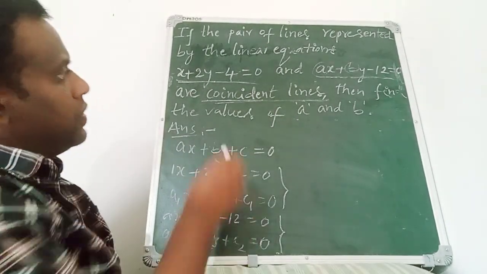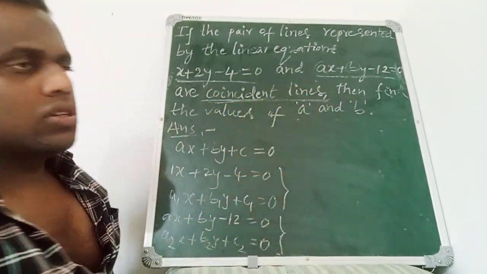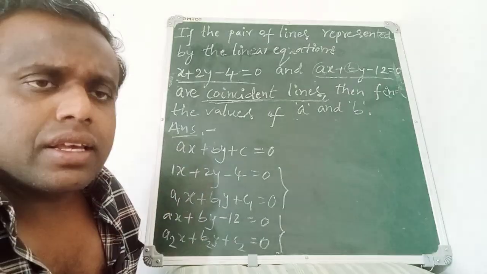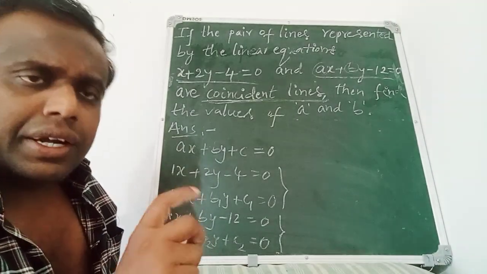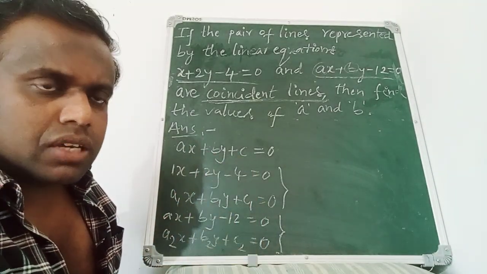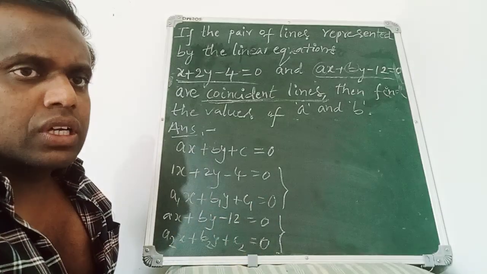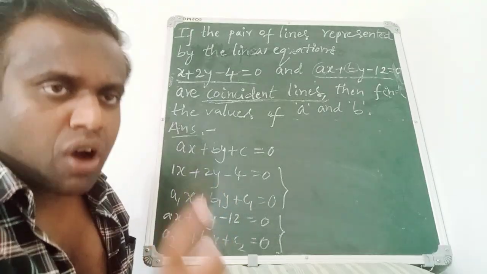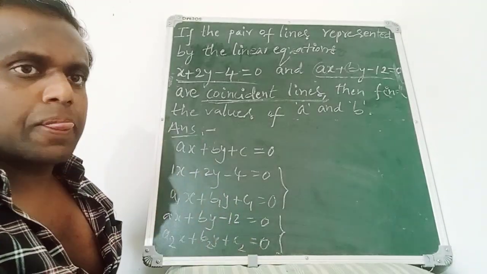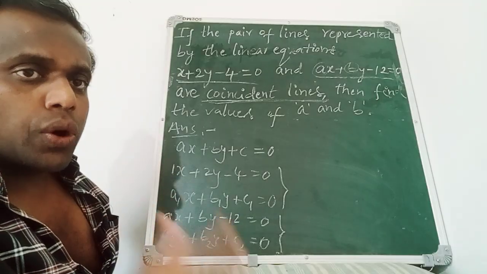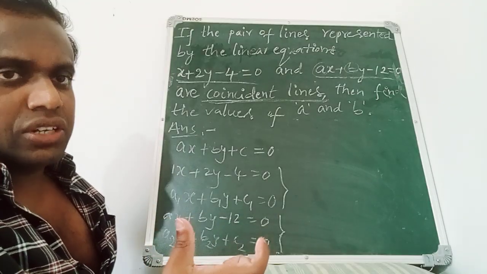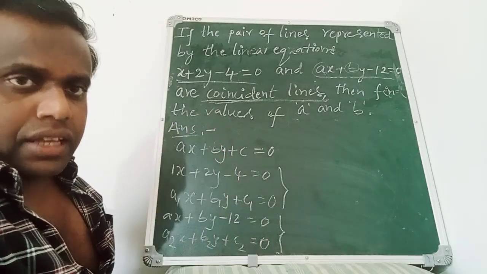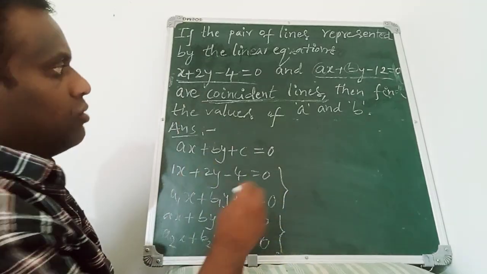Now what do we do? They have given coincident lines. There is a condition in terms of a1, b1, c1, a2, b2, c2 for coincident lines. So what is that condition? I will write it now. a1/a2 = b1/b2 = c1/c2.